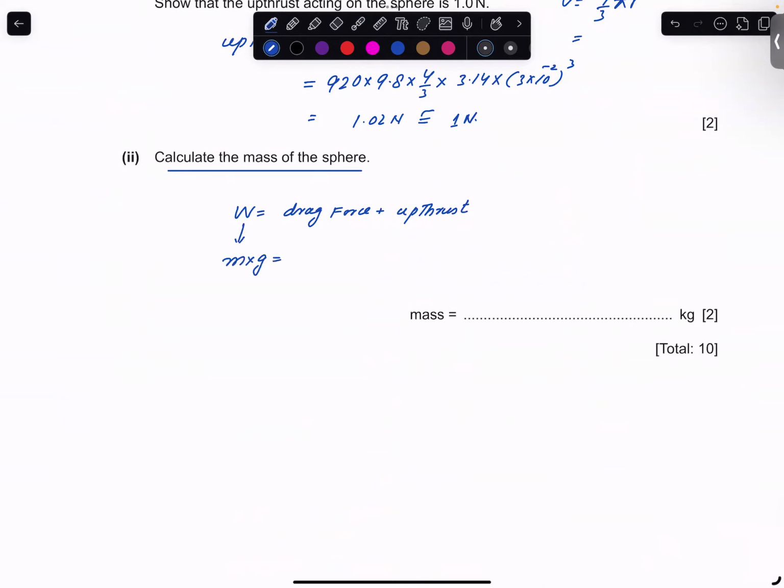Drag is given in the question, 0.096, and the upthrust we just calculated, that is 1 Newton. Mass is unknown, and the value of g is 9.81. So 0.096 plus 1, rearrange these values, then the mass value will be 0.11 kilogram. The unit is already given.